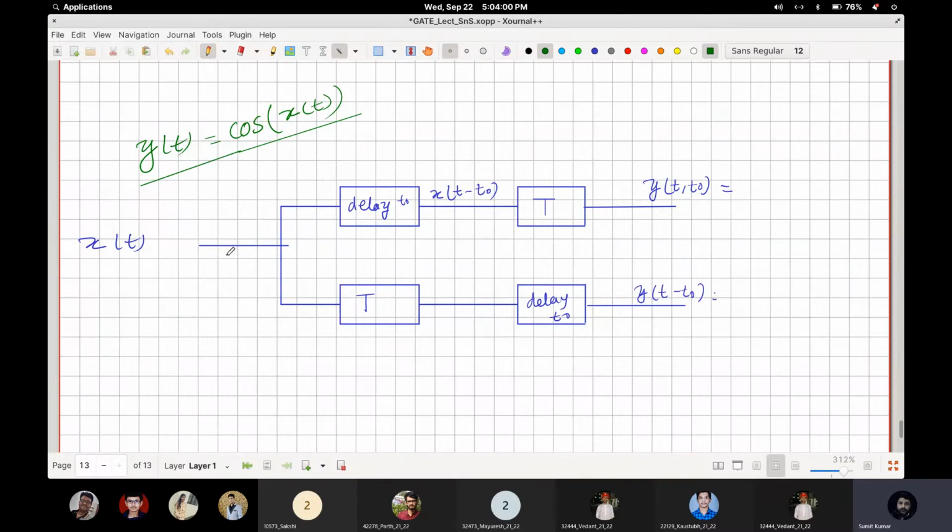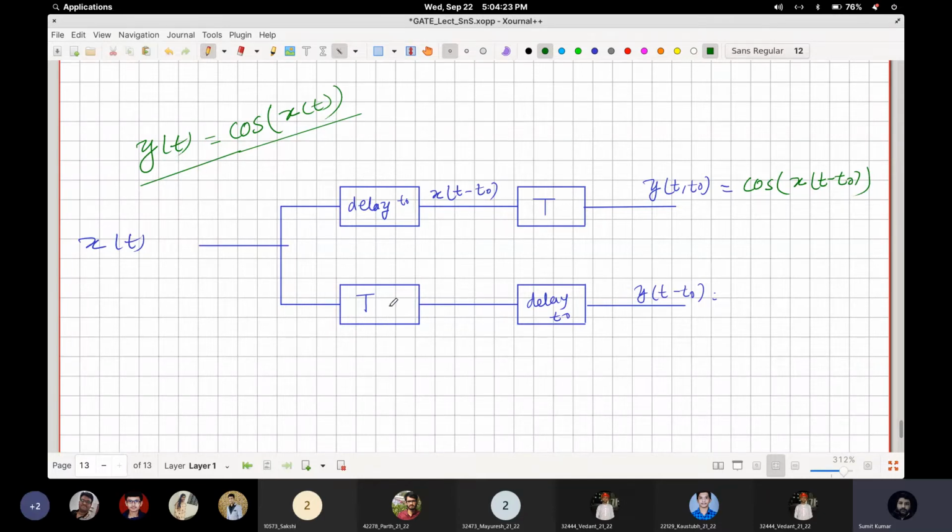So when we are applying delay to the system by t naught, we will get x(t minus t naught). And then after that, when we apply cos, what will we be getting? Cos of x(t minus t naught), because what our system is doing is applying cos to whatever input we are providing.